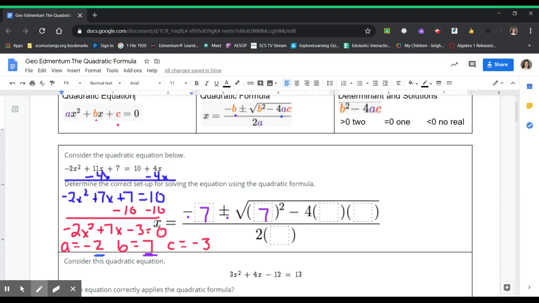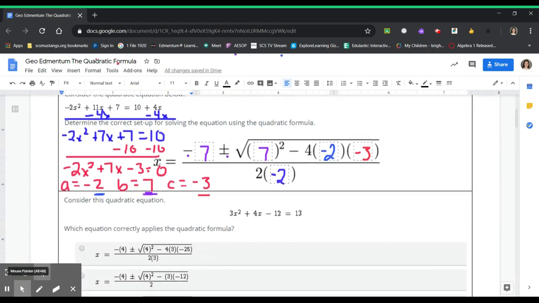Our A value is negative 2, times C. Our C value is negative 3. All over 2a, so 2 times a negative 2. You saw how I was careful about making sure I got all the signs in there. And so that's the answer for that one. That's how you take those values and plug those into the quadratic formula.